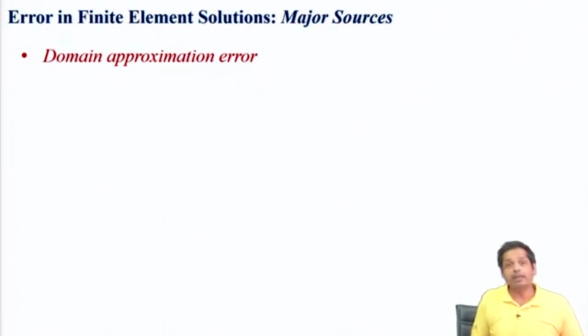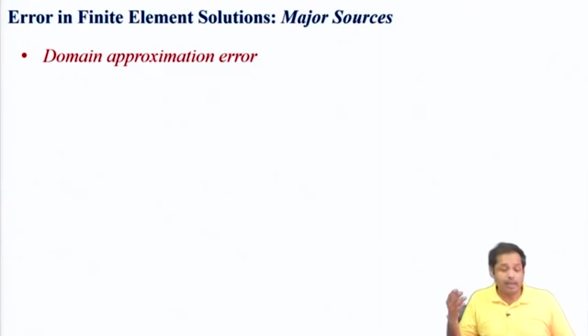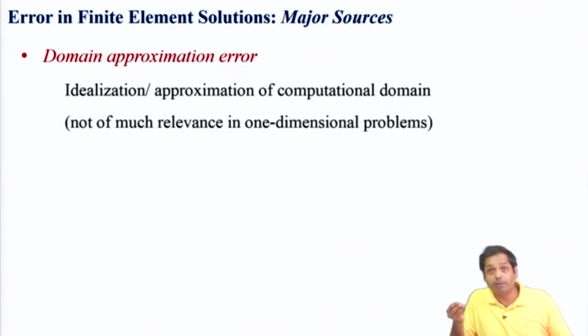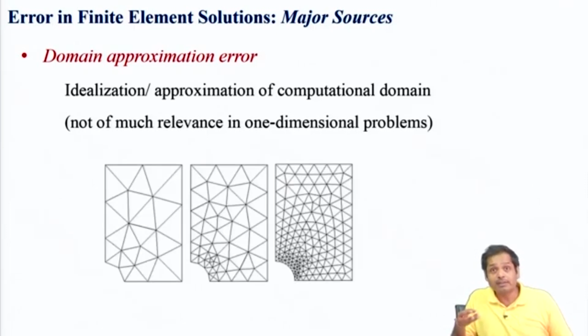One error is obvious, that is the domain approximation error. The finite element method is essentially an approximation, right? So we seek an approximate solution, and we do approximation at various levels. One of the approximations we do is the domain approximation, the idealization of the computational domain by elements. For instance, take these three cases.